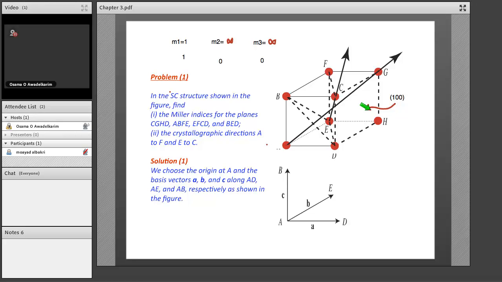Now we also need to determine this plane ABFE.